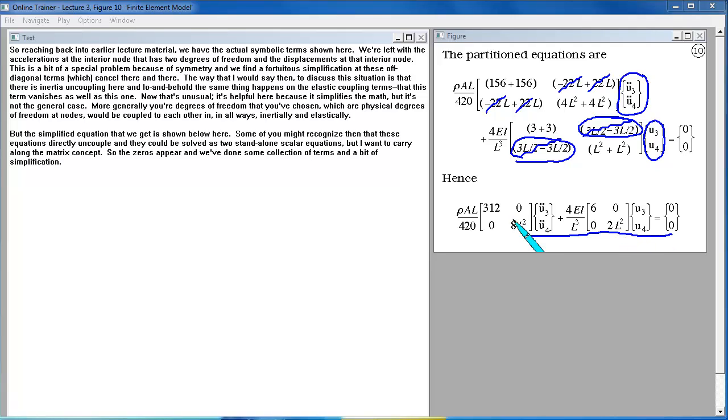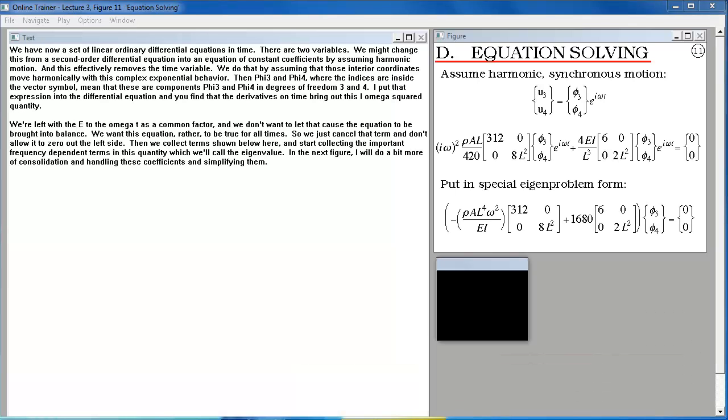So the zeros appear and we've done some collection of terms and a bit of simplification. We have now a set of linear, ordinary differential equations in time.